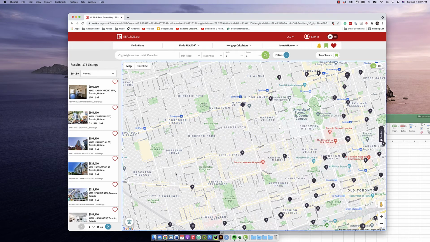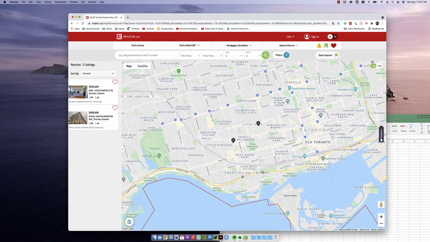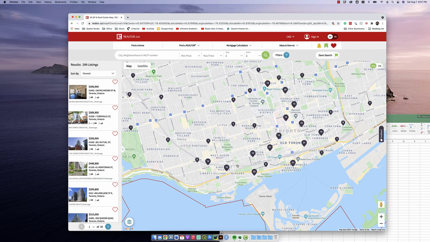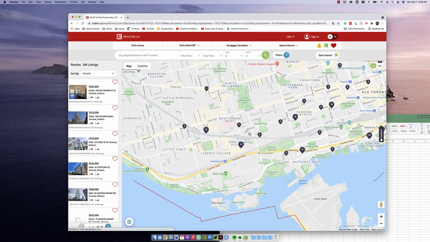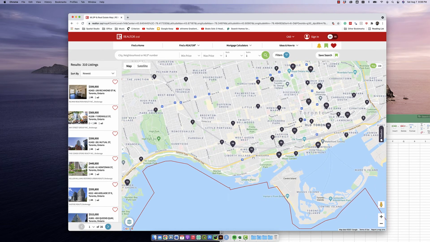And Queen's Quay, we were looking at somewhere over here. Lots of property for rent as well, for sale as well. Let's look at here. Where were we? We're not Liberty Village, right? Can't remember where we were before.